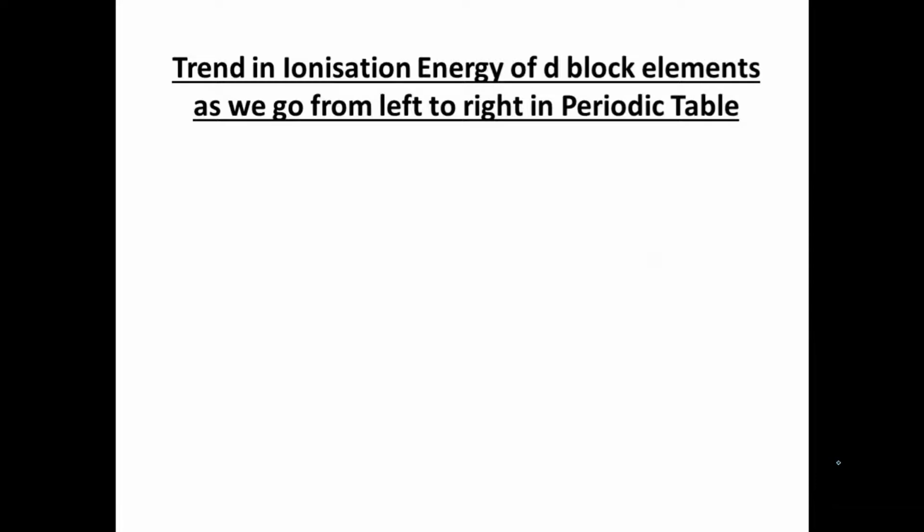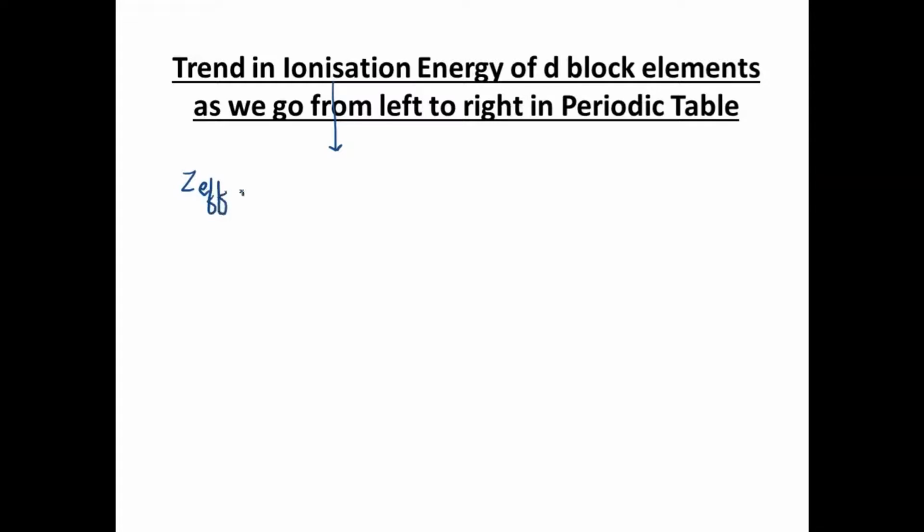Now we will move to the actual topic, the trend in the ionization energy of d block elements as we go from left to right in the periodic table, which is very, very important. Ionization energy depends basically on many factors, but today we will study the factor of effective nuclear charge.